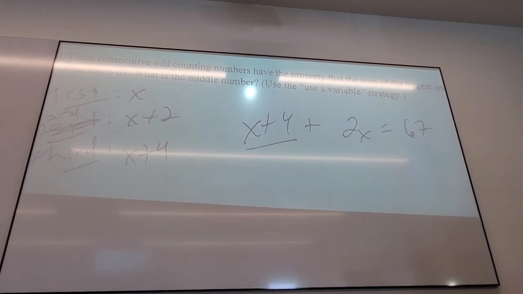So what happens if you subtract 4 from both sides? Yeah, so put minus 4, minus 4. So now it says 3x plus 0, you don't need that, equals 63.